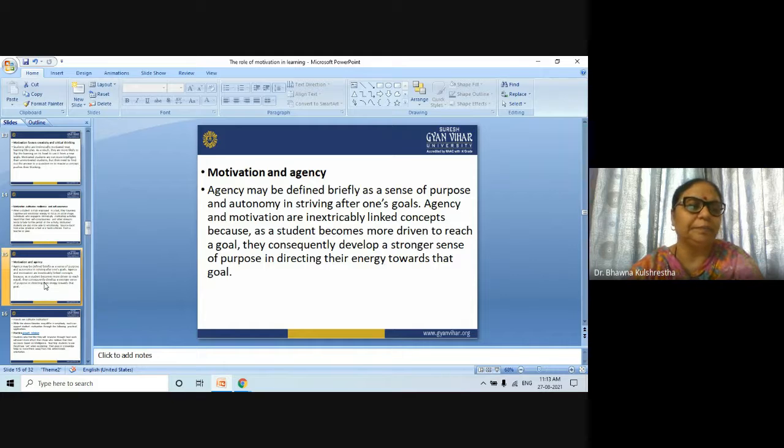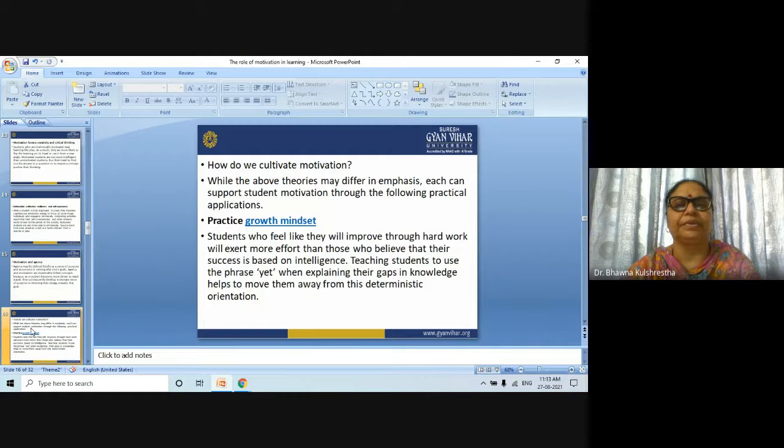While the above theories may differ in emphasis, each can support student motivation through the following practical applications. Practice growth mindset.